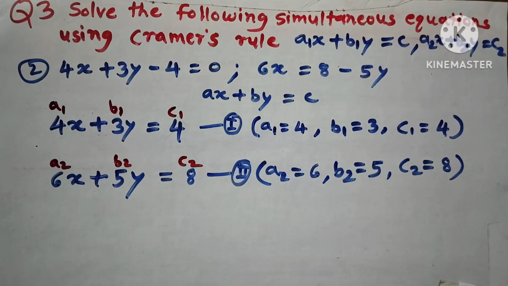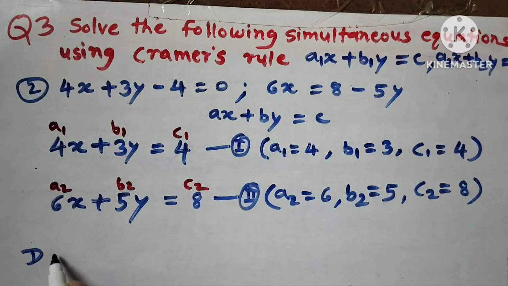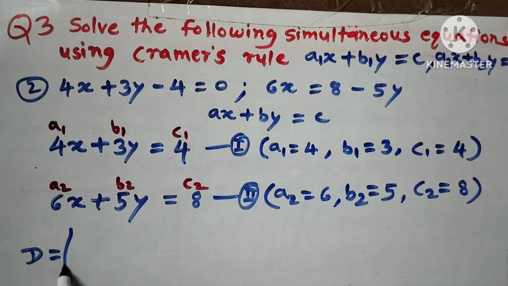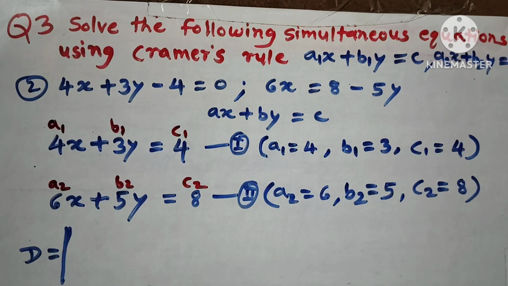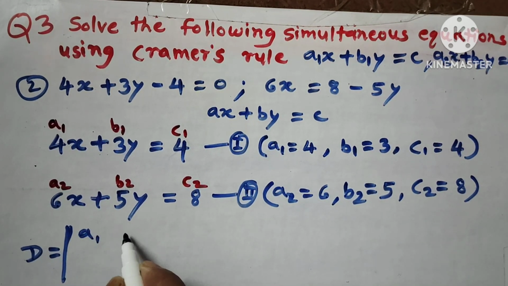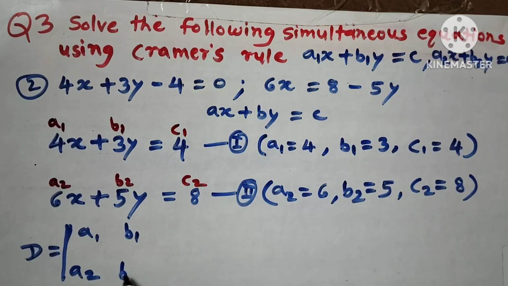Using Cramer's rule, D is equal to the determinant a1 b1, a2 b2.